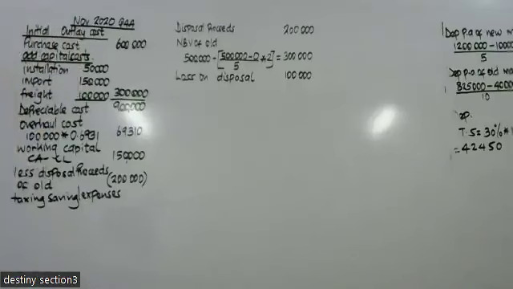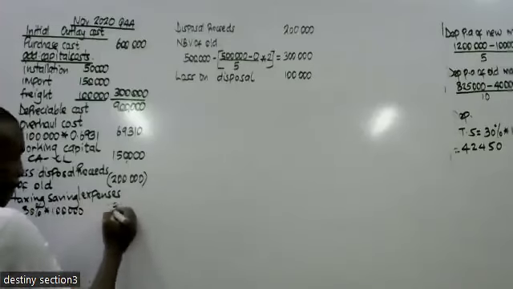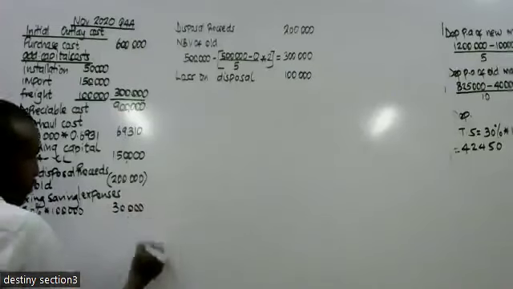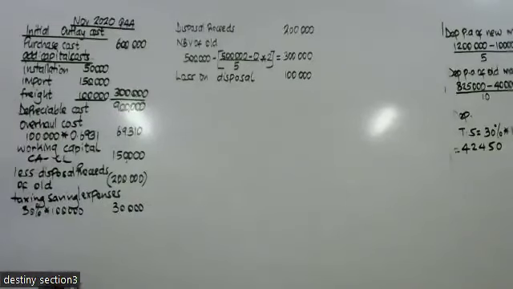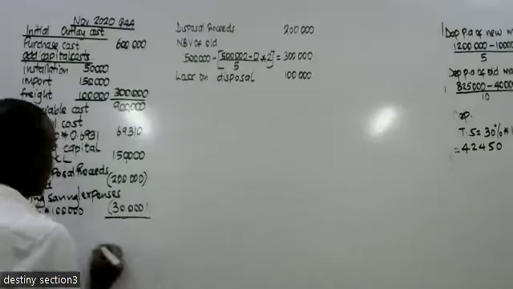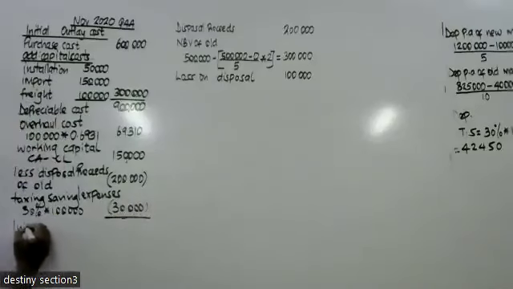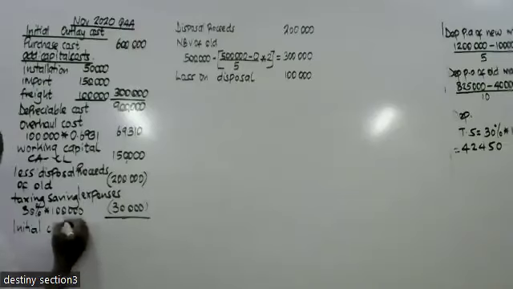So you are selling it at a price below what you should be selling, so you're making a loss of 100. What's the initial cost?